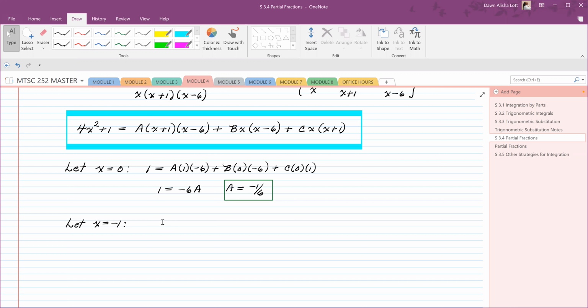Okay, so it's going to be -4 plus 1, which will give you -3. Oh, wait a minute, -1 squared. Oh snap! It's going to be +1. Sorry. So it's going to be 5. Good. Okay, on the left-hand side, you get 5. On the right-hand side, you put in -1, right?